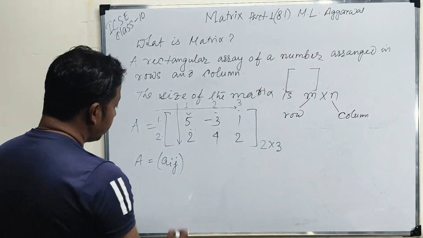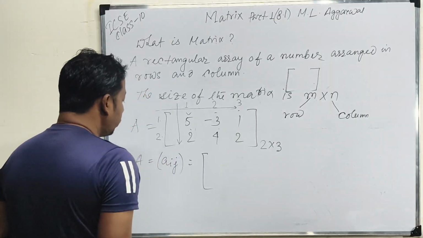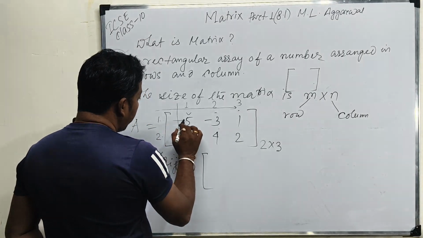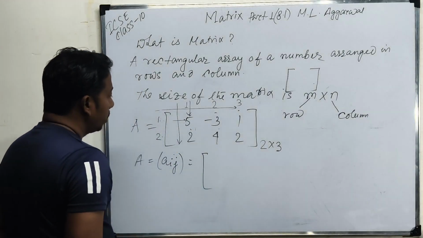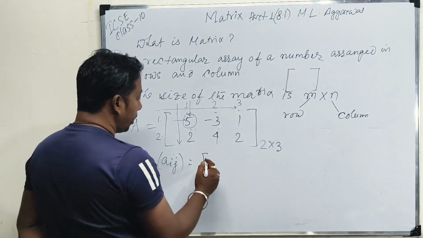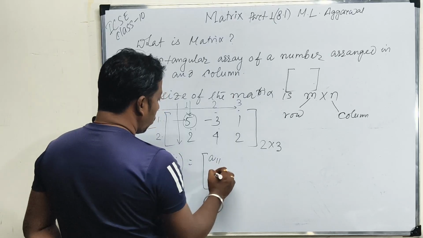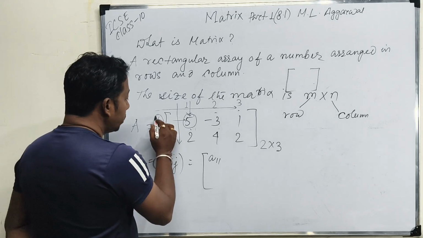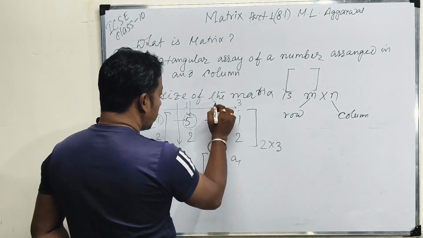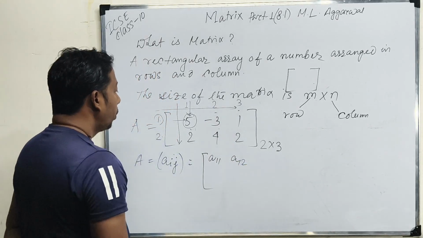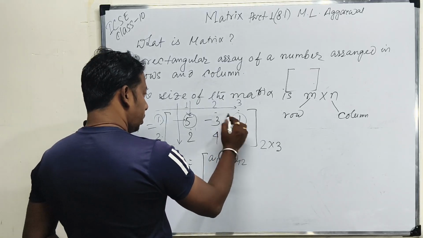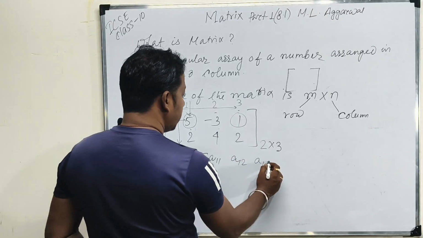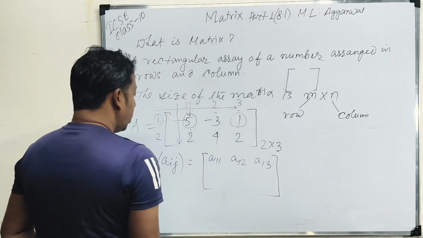First the row, then the column. Going along the first row, the first element we write as a11, the second element has row number 1 and column number 2, a12, and the third element has row number 1 and column number 3, a13.